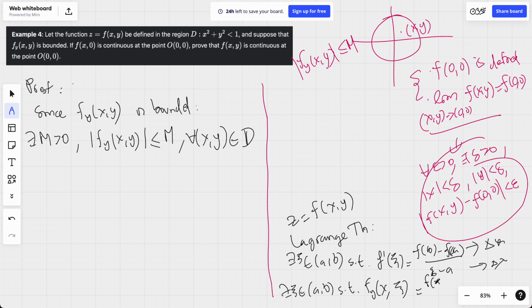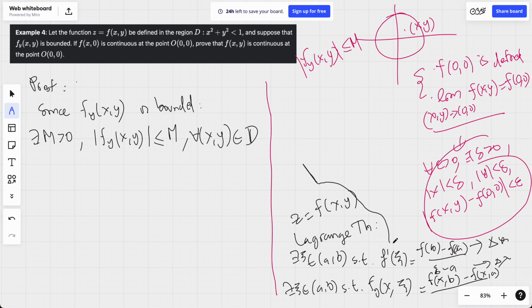So it's f(x, b) minus f(x, a) over b minus a. This is the change in y. So it's a change of z over the change of y.